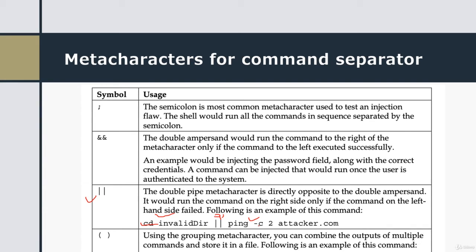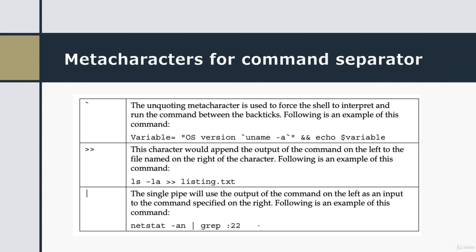Then we have the parenthesis character operator. Using this grouping meta character, you can combine the output of multiple commands and store it inside a file. Then we have the backtick meta character, which is used for the shell to interpret and run the commands between the backticks.